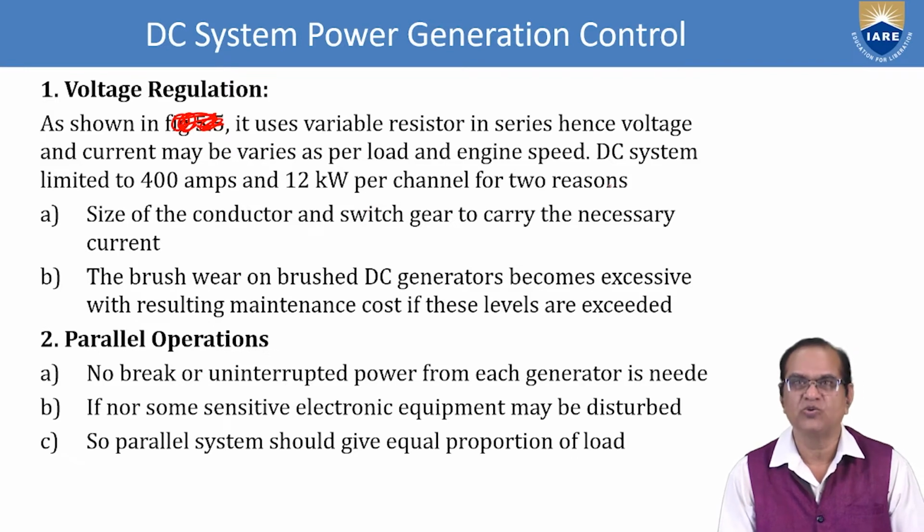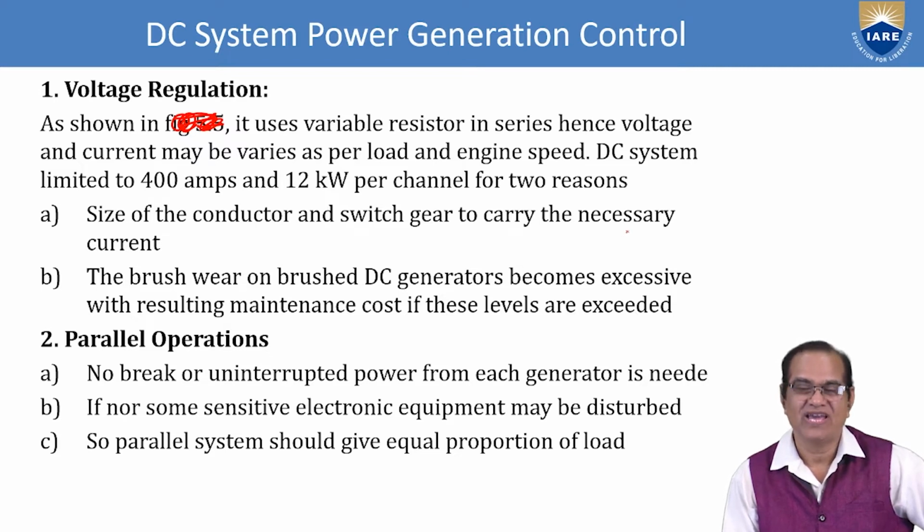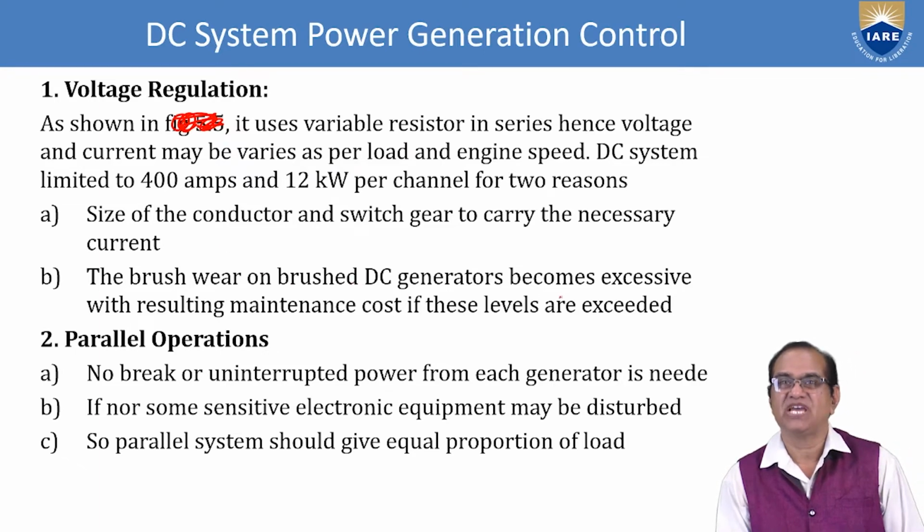So what are these 2 reasons? First, the size of the conductor and the switch gears to carry the necessary current. If we go more than this, the size of the switch gears and the necessary wires has to be more. Second, the brush wear on a brushed DC generator becomes excessive.